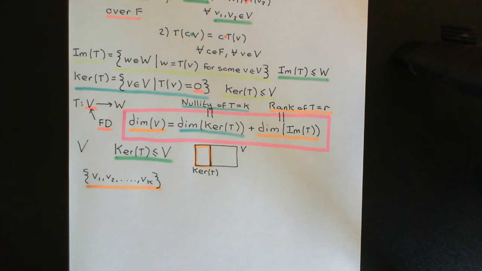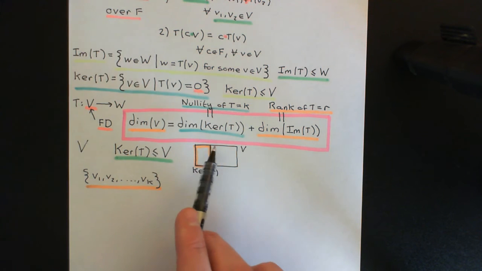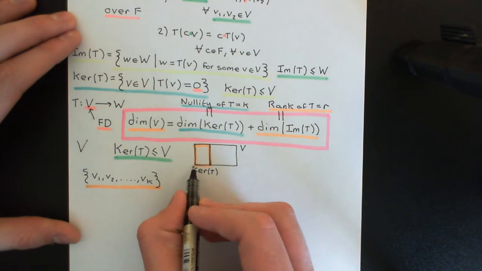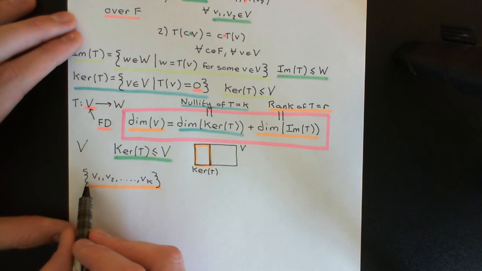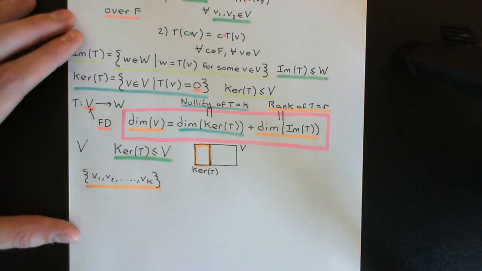Okay, and you can always do this because if these vectors are linearly independent in the kernel of T, the subspace of the vector space capital V, they're also going to be linearly independent in the entire vector space capital V. Okay, so this is going to be a set of linearly independent vectors in the larger vector space capital V. After all, they are all vectors of capital V, and to be linearly independent, all it means is that there has to be only one linear combination of them that gives the zero vector, and that has to be the trivial linear combination where all the coefficients are equal to 0 in the field.